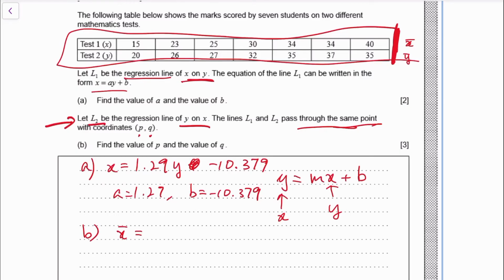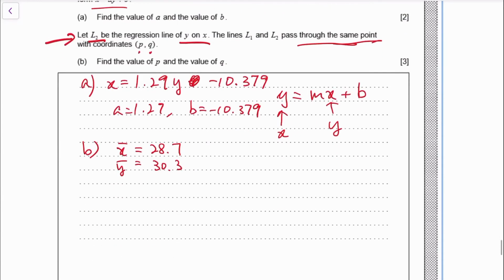That's basically one variable stats, but you do it on x and on y. The mean of x should be 28.7 to 3 sig figs, and the mean of y should be 30.3 to 3 sig figs. Therefore, P is that, Q is that. Yeah, so that's the key. Regression line always passes through the mean.